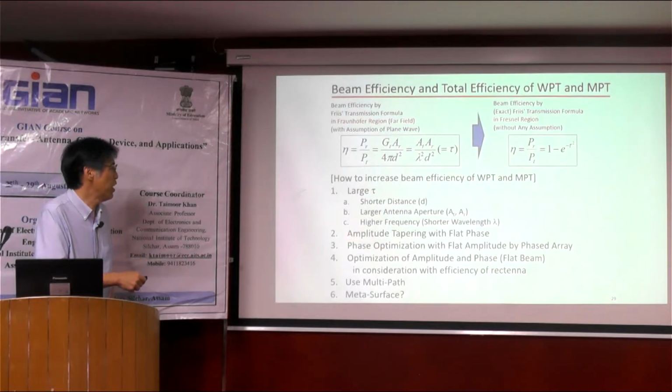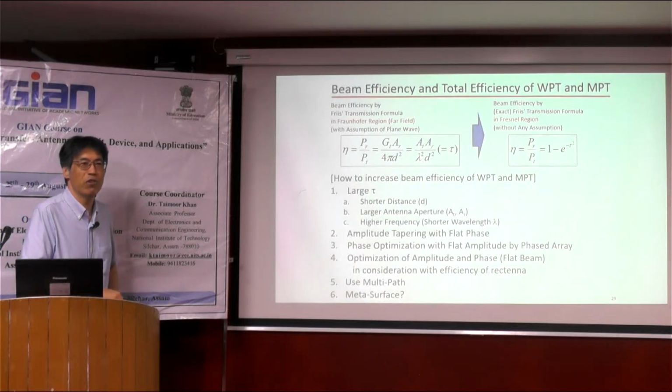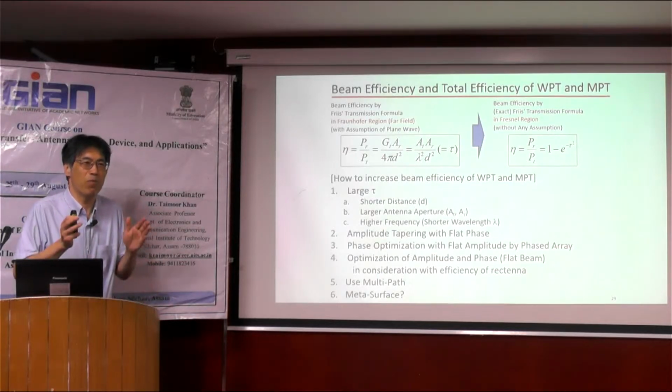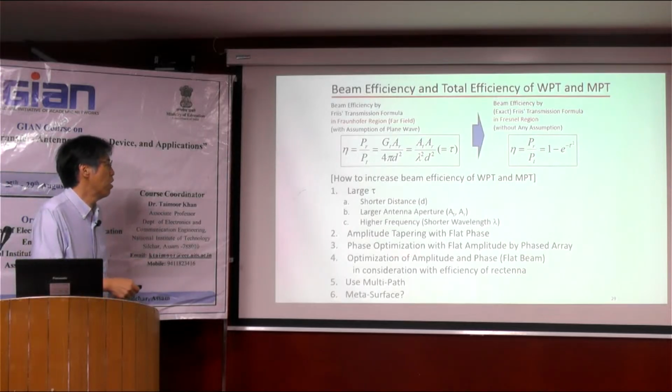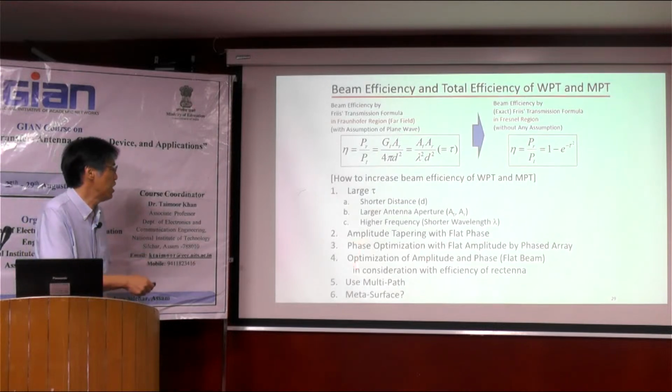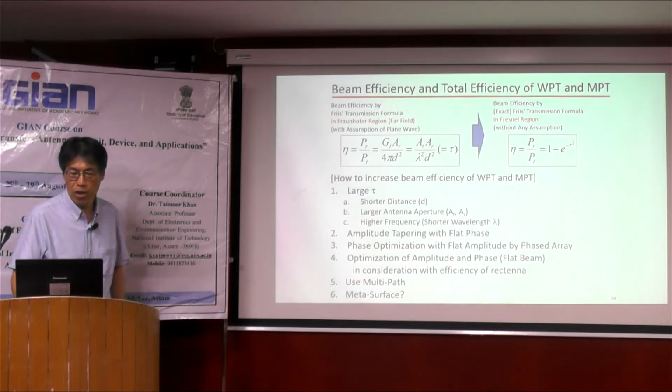But we have other technology methods to increase the beam efficiency. Of course, as I mentioned again and again, we cannot overcome Maxwell's equations and the Friis transmission formula. But based on Maxwell's equations, as engineers, we can increase the beam efficiency a little by these methods.